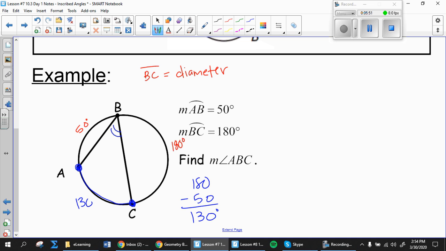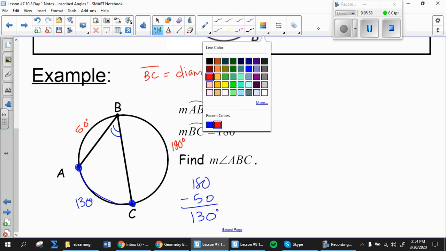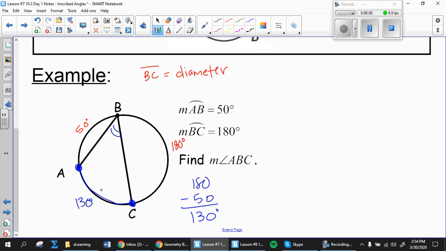That tells me that this arc right here is 130 degrees. And then we know that this inscribed angle here is half of that arc. So I know that that angle has to be 65 degrees. So this angle is half of this arc.